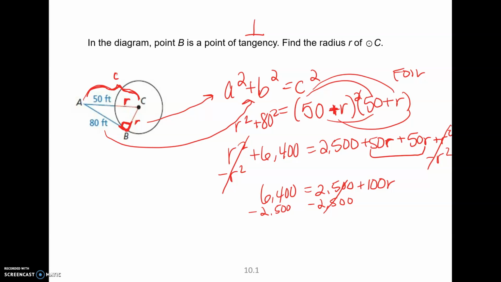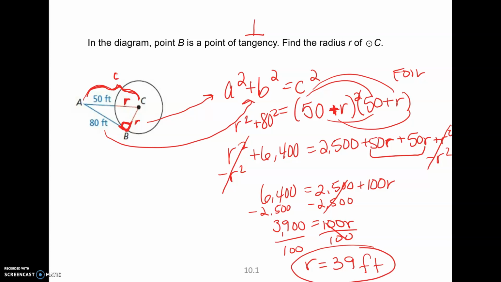So I get 3,900 equals 100R. And I'm going to divide that by 100. So my radius is 39. Now remember, anytime that you have a label in your problem, you should label your answer. So your radius is 39 feet.